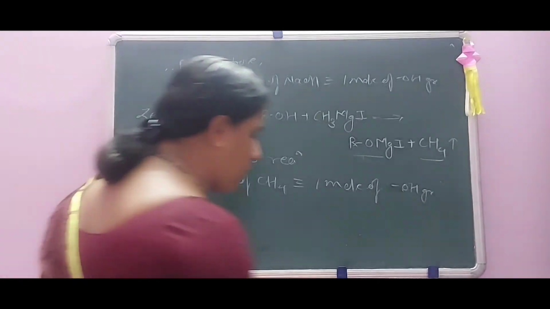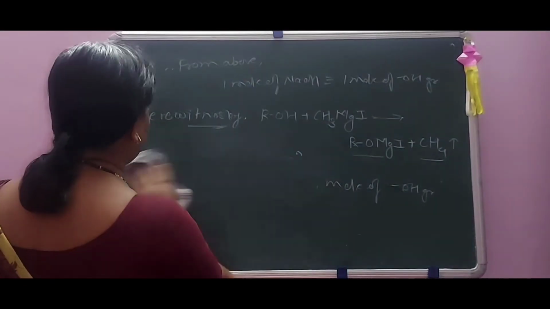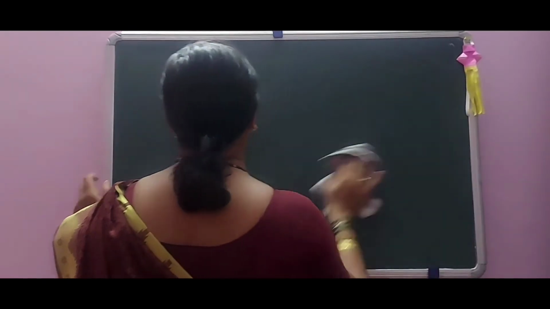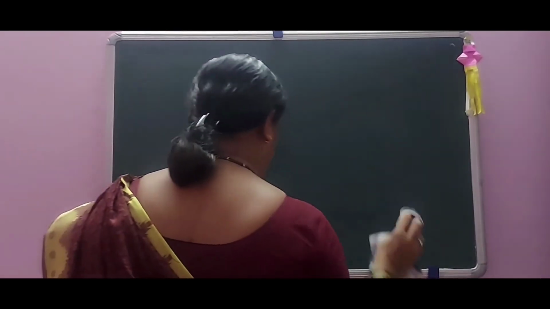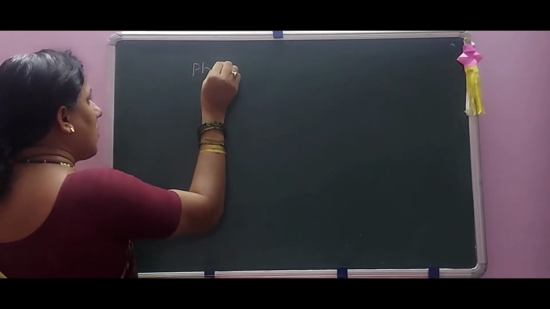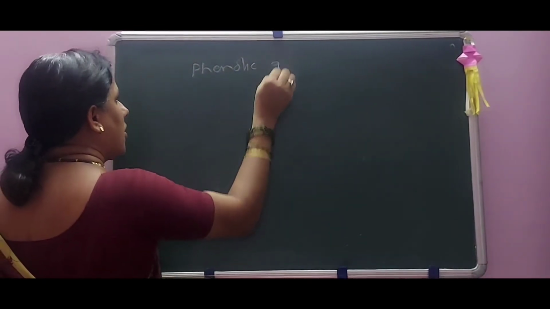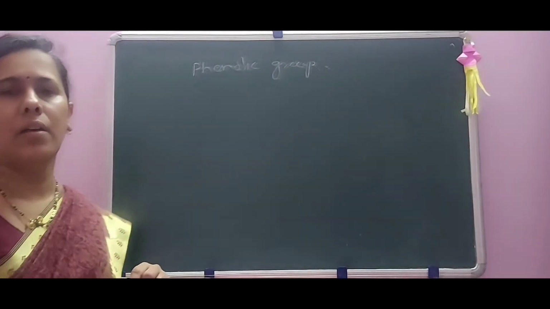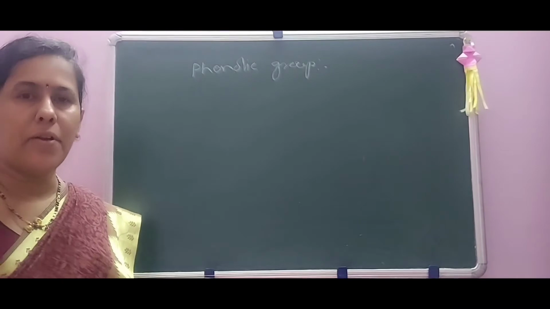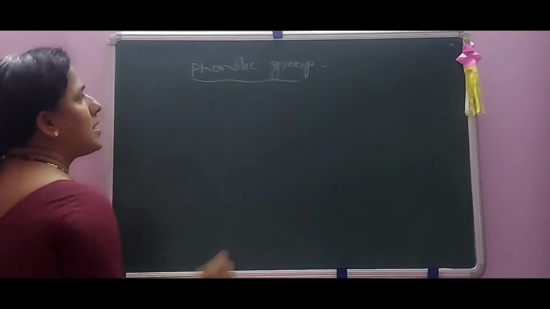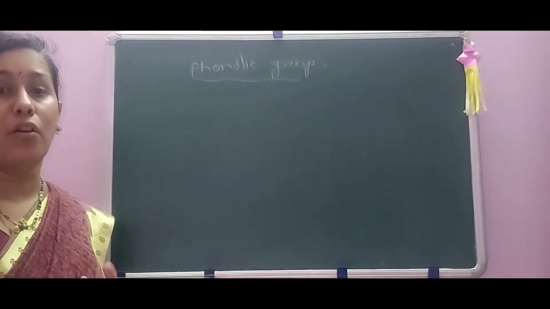Now the second point is what? That is the phenolic group. Already we have, in basic parts 1, 2 and here 3, we can easily calculate the presence of a phenolic group in an organic compound.